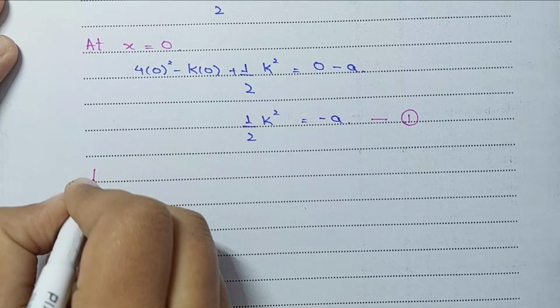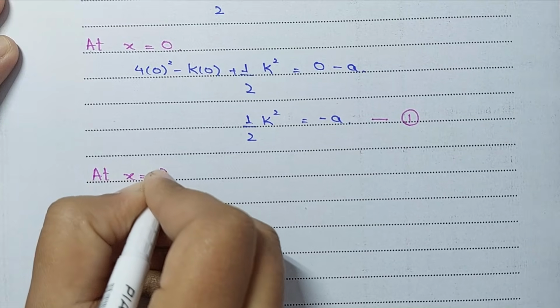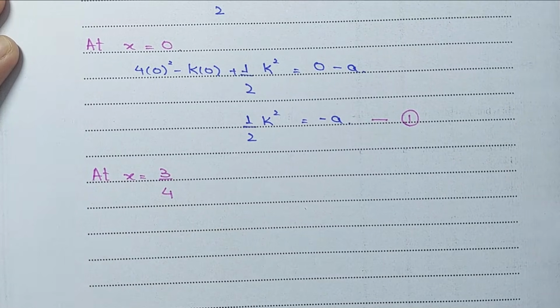The second is they are equal at x equals 3 by 4. Just substitute x value 3 by 4, right?